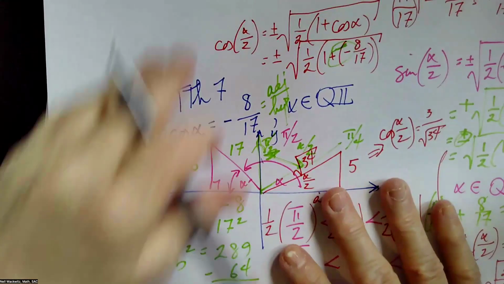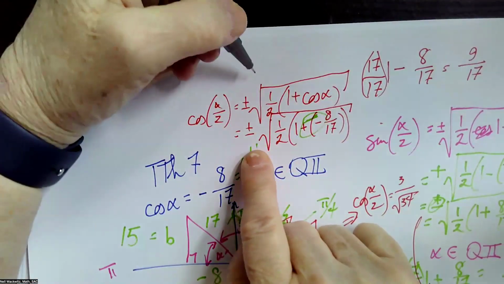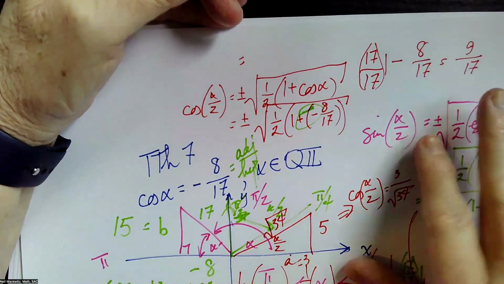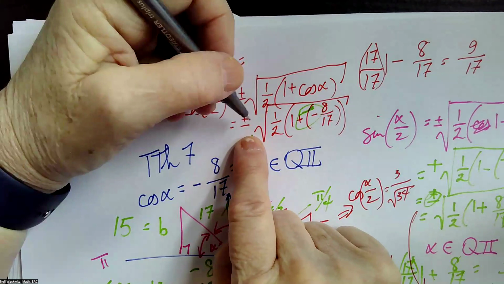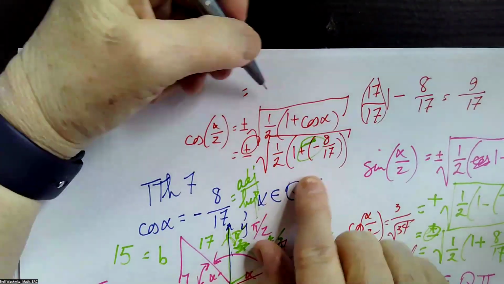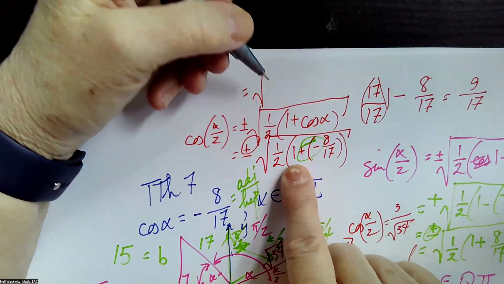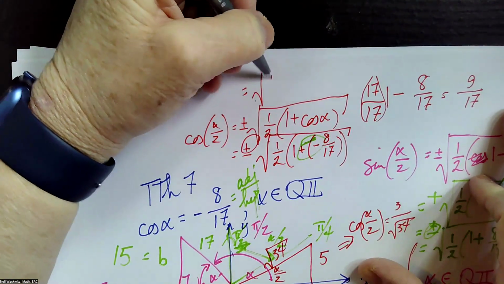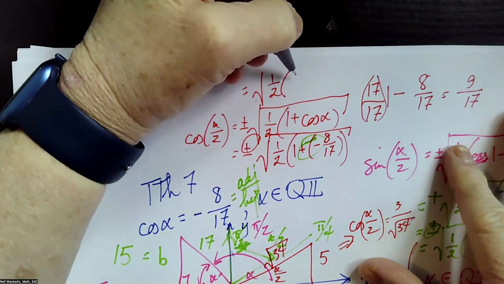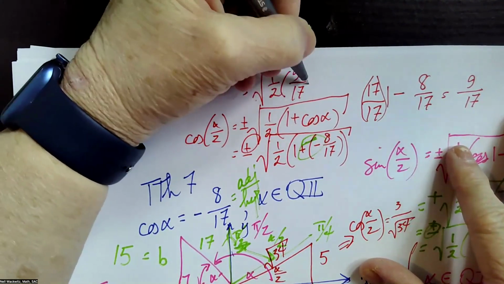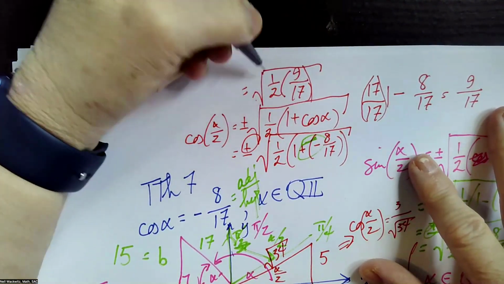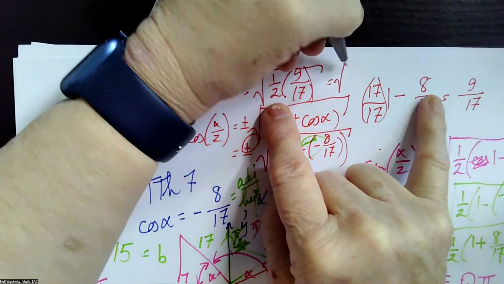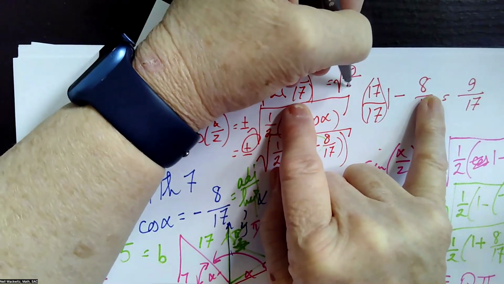And we said that alpha over 2 was in quadrant 1. We figured that out already, so we're going to use just the plus. So 1 minus 8 over 17 is 9 over 17. So we're finding 1/2 of 9 over 17. That's going to be the square root of 9 over 34.